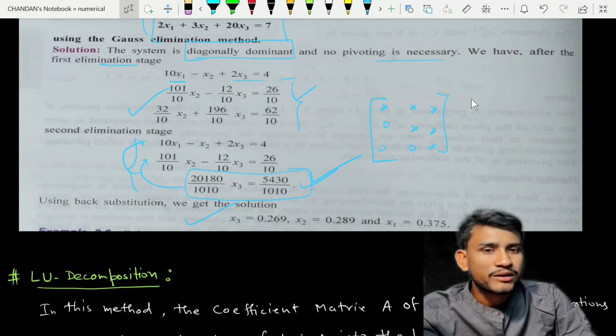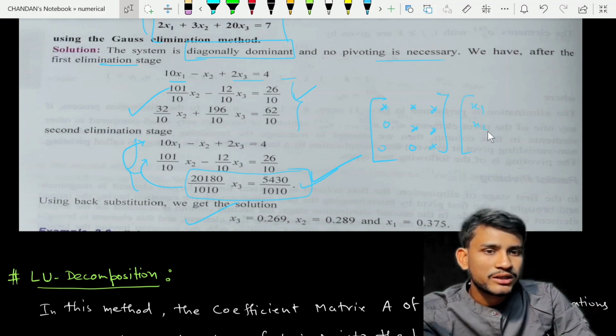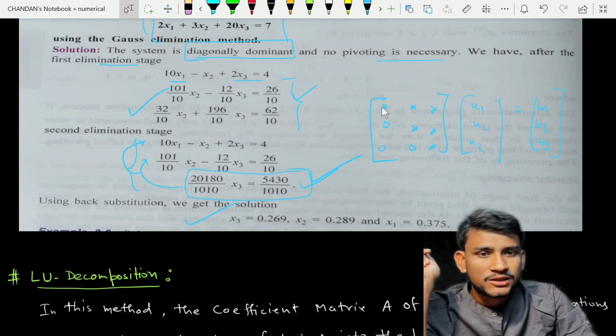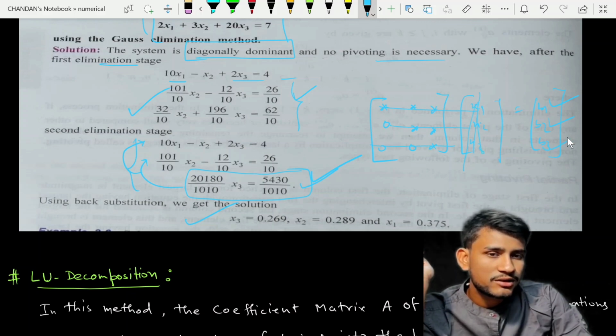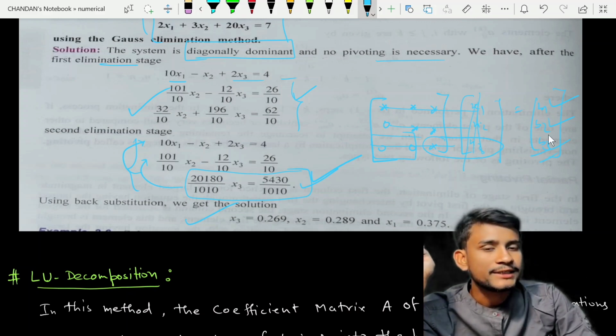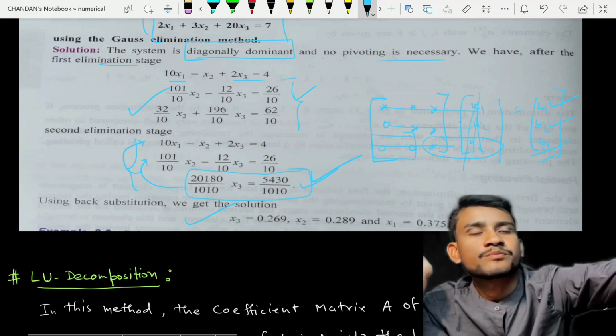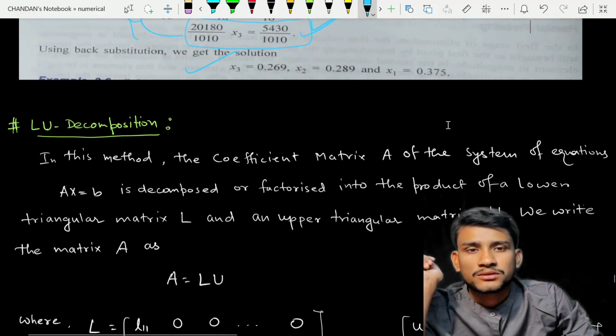That is an upper triangular system, with unknowns x1, x2, x3 equal to, suppose, b1, b2, b3. So this into this is equal to b1, this into this is equal to b2, and this into this is equal to b3. These two terms are 0, so the last entry times x3 gives you b3, after elimination.